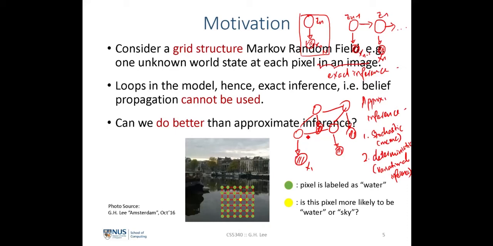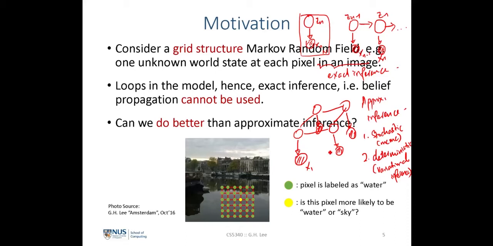So approximate inference means that the solution won't be exact. We won't be able to get an exact closed-form analytical solution. It will be just an approximate form of the solution. So the question here is: can we actually do better than approximate inference?